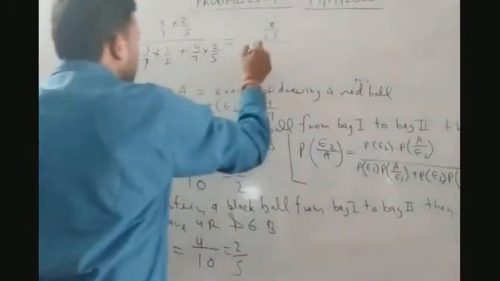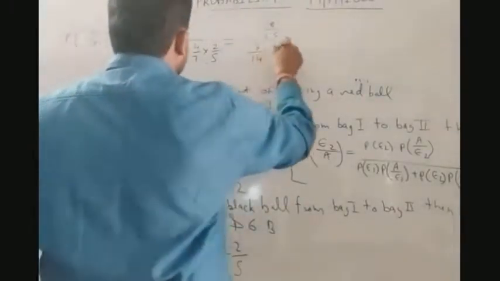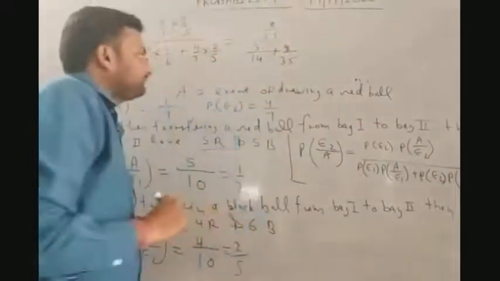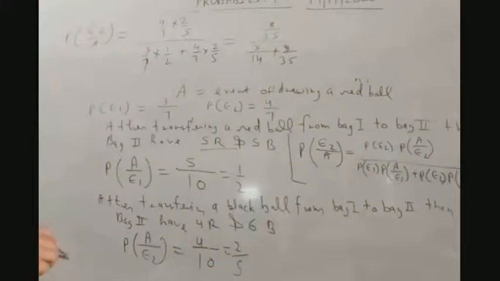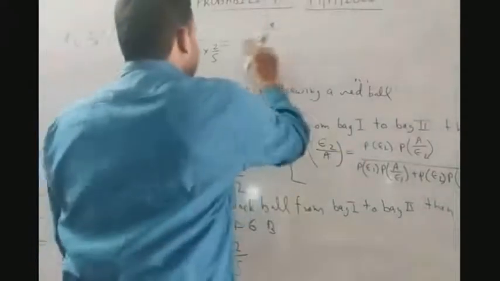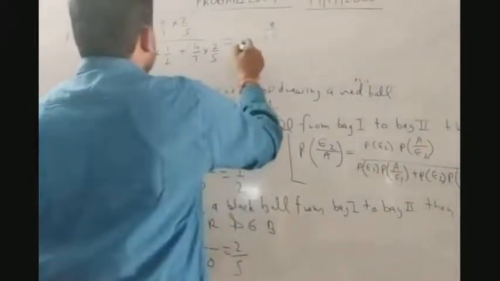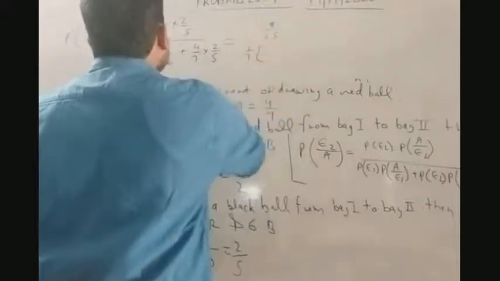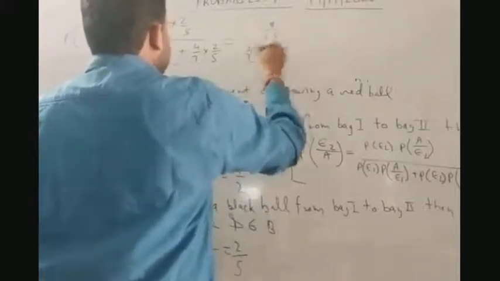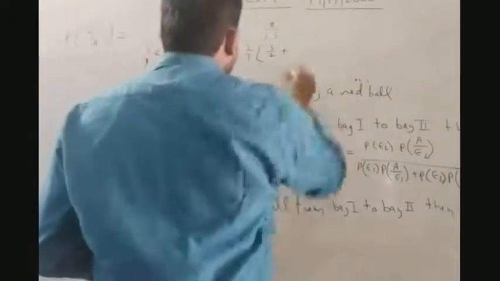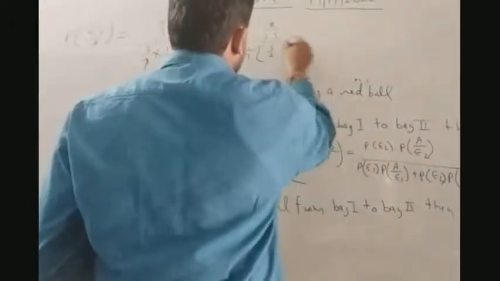This is 3 by 14 and 8 by 35. Now either we can write this taking 1 by 7 outside, we get 3 by 2 plus 8 by 5.